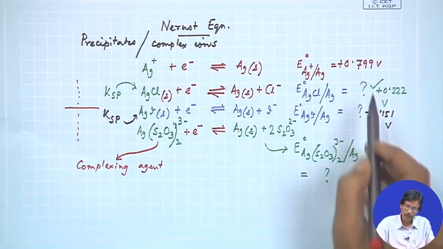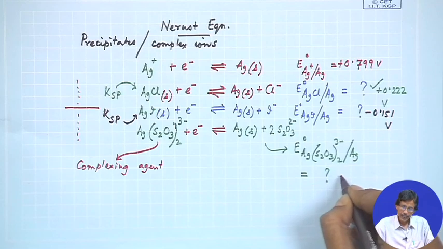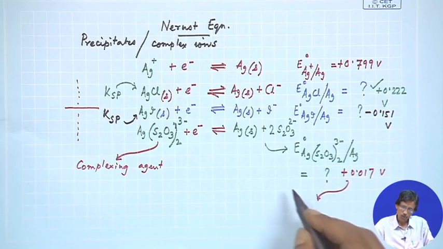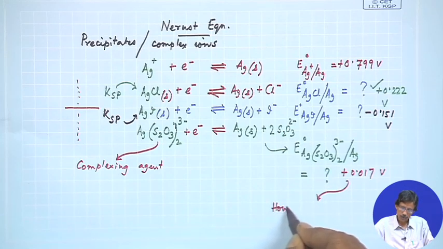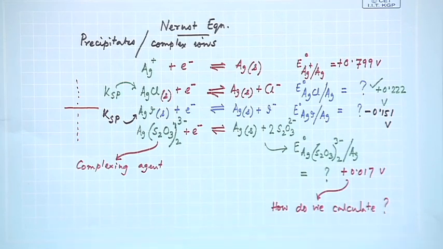In this particular one, it is still further less, but in the positive direction it is plus 0.017 volt. So, how do we calculate it? How do we calculate this particular value of 0.017?